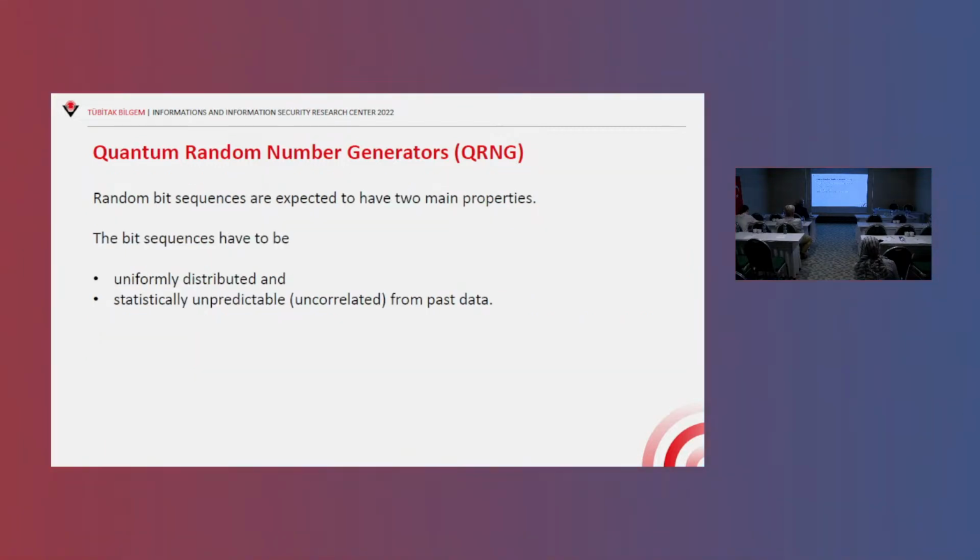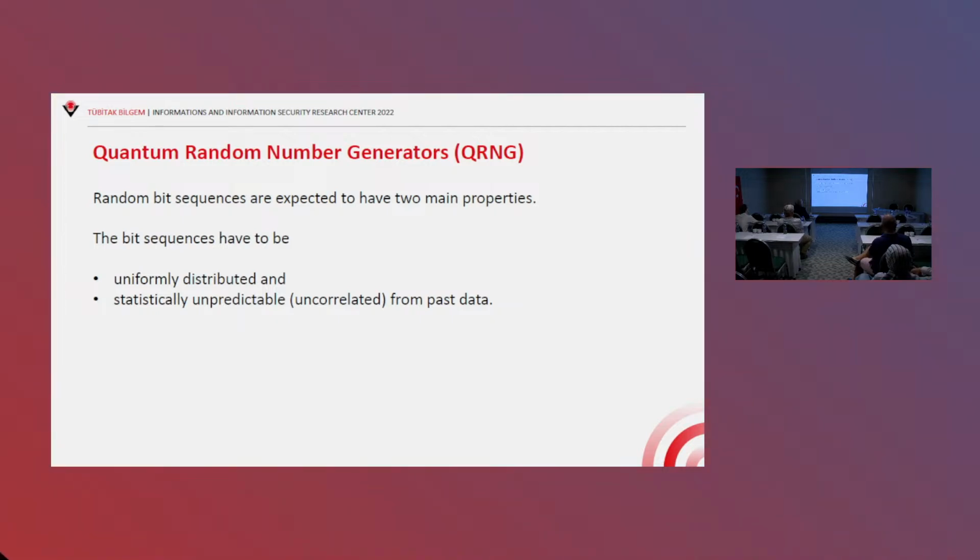Just like QKD, even if it is a quantum random number source, we need to do post-processing. For true randomness, the source should be uniformly distributed and statistically unpredictable. In other words, past data should not have any information on the future data.